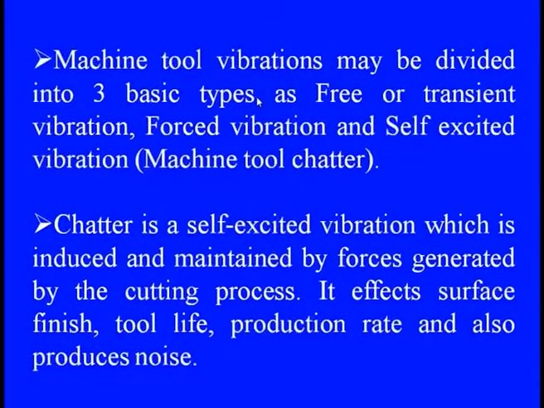The spindle motion is always at higher speed, maybe up to 20,000 or 30,000 rpm, and so it contributes a huge amount of vibrations into the machine. We can broadly classify this vibration into three basic types: the forced vibration, the self-excited vibrations, and the transient vibrations.